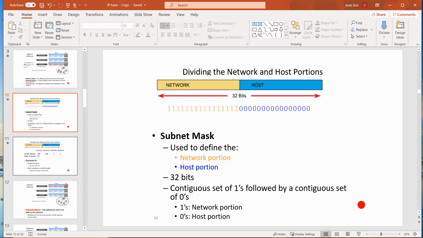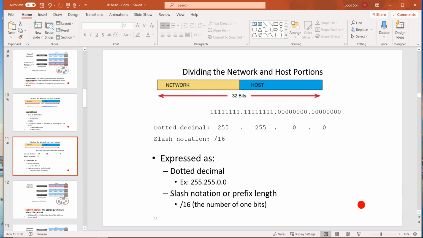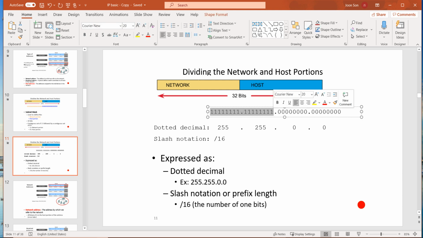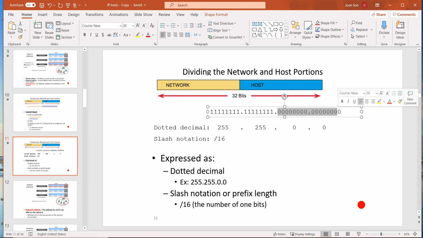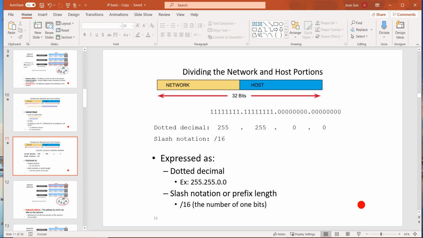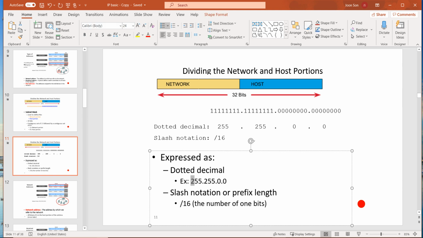So an example of the subnet mask is like this: 1, 1, 1, 1, right? Contiguous set of ones followed by what? Contiguous set of 0s. Okay? So that's a good example of a subnet mask, right? And the subnet mask is expressed in dotted decimal, for example, 255.255.0.0, or you can say /16.